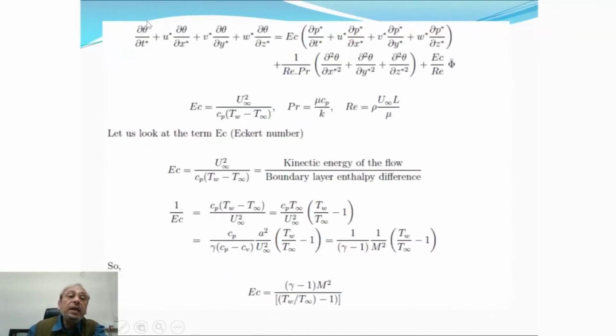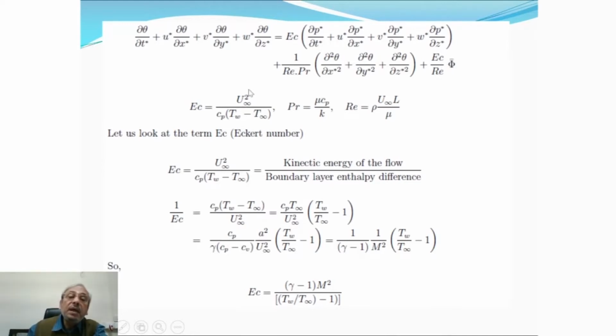So we can write here ∂θ/∂t*, u* ∂θ/∂x*, v* ∂θ/∂y*, w* ∂θ/∂z* equal to Eckert number into ∂p*/∂t* plus u* ∂p*/∂x*, etc. Then 1 by Reynolds number into Prandtl number into ∂²θ/∂x*², ∂²θ/∂y*², ∂²θ/∂z*², plus Eckert number by Reynolds number into again the non-dimensional viscous dissipation function.